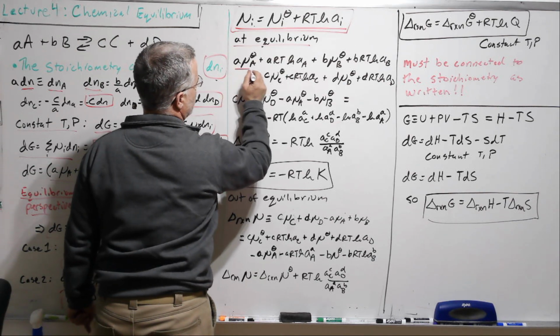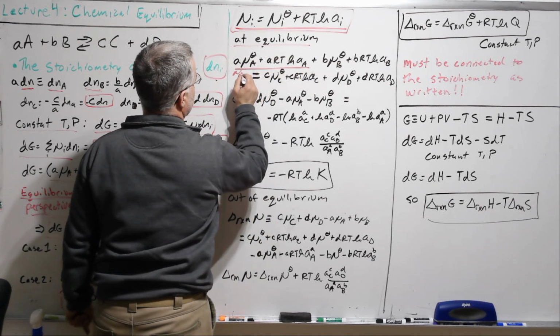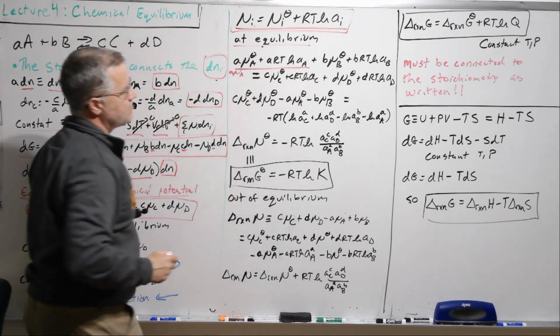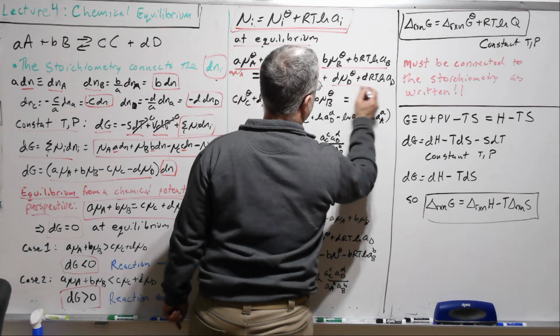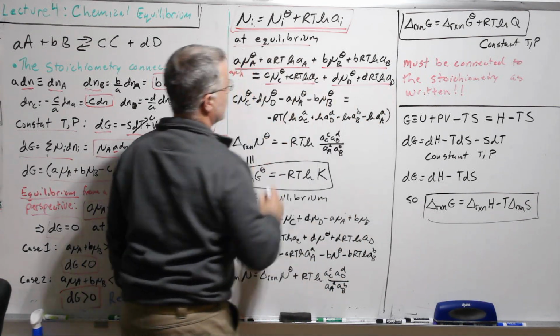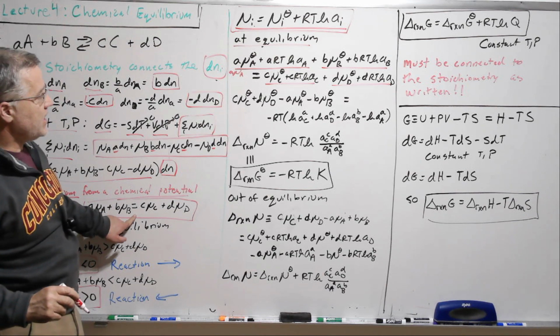So here is mu A. Here's a mu A, right? Here's b mu B. Here's d mu D and c mu C. So that's our equilibrium condition right here.